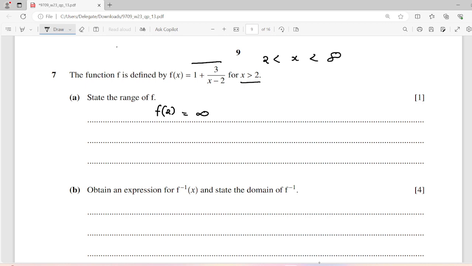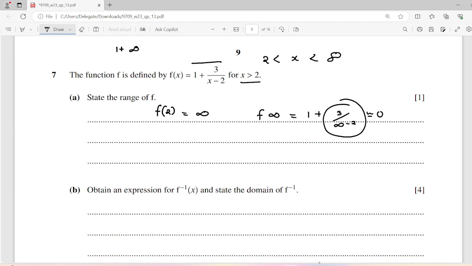Because if you have 1 plus infinity, you get infinity. Then when I put infinity, I'll end up having 1 plus 3 over infinity minus 2. If you have something very big on the denominator, then this expression here will tend to 0.